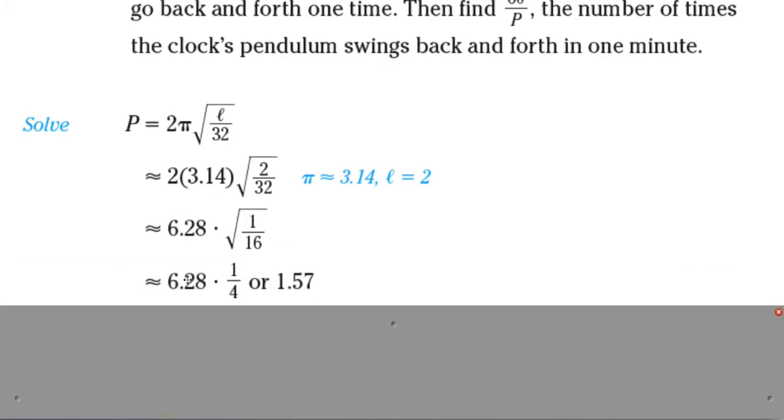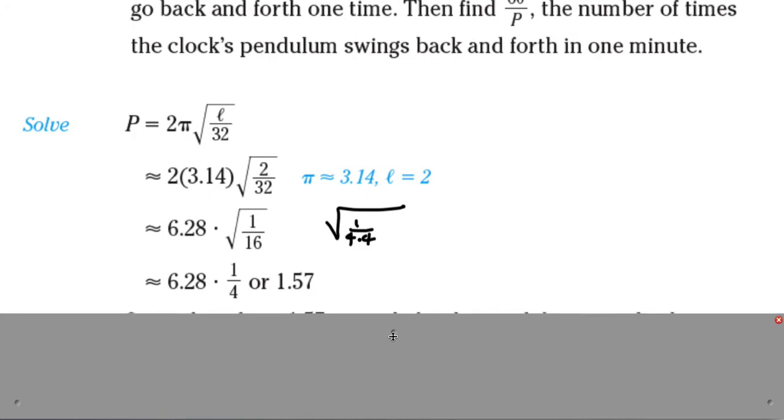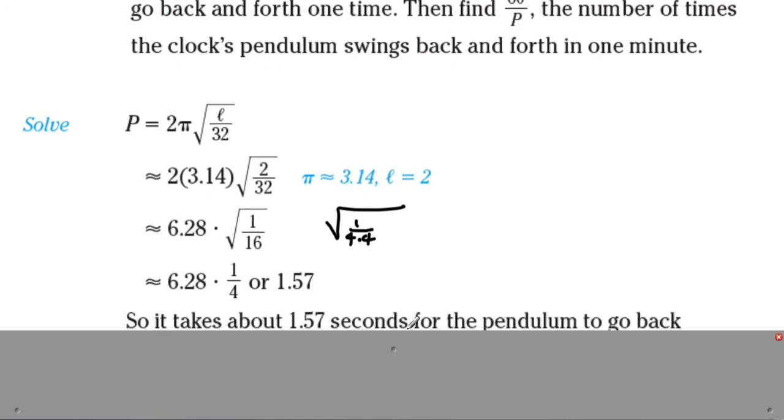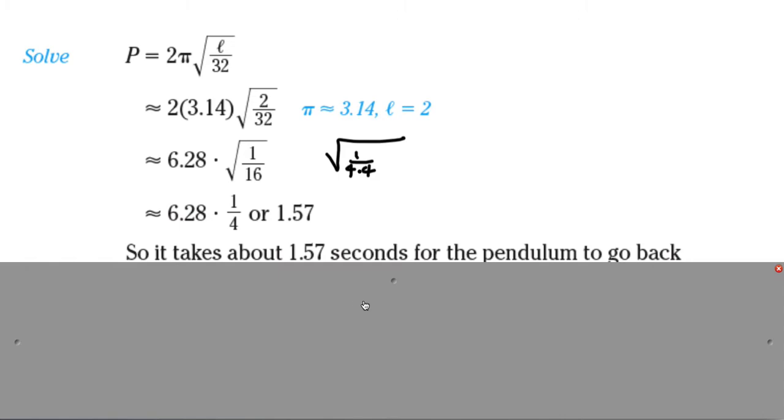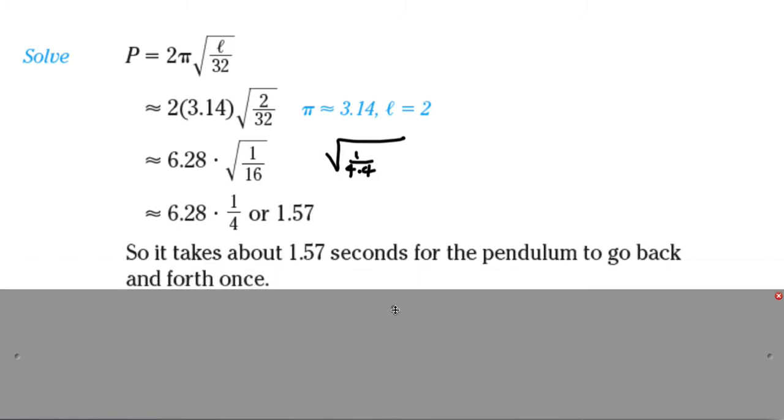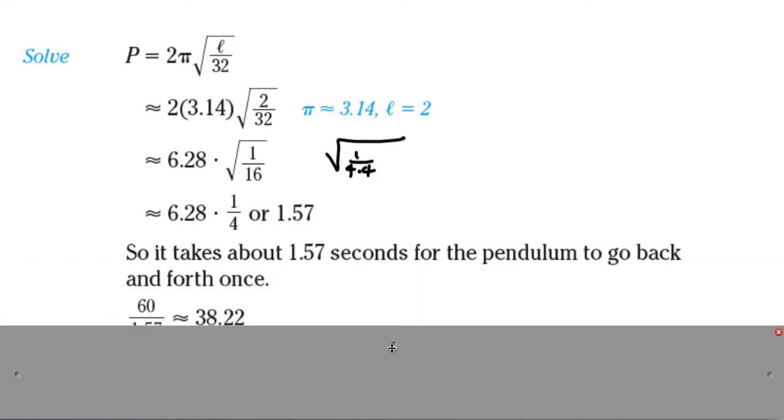Then we now have 6.28 times 1/4, because this is actually the square root of 1 over 16, which is 1 over 4. That's the reason why it became 1/4. Or 1.57. So it takes about 1.57 seconds for the pendulum to go back and forth once.